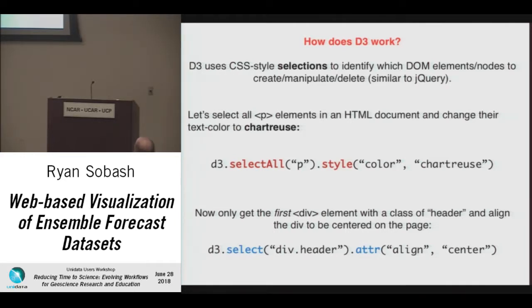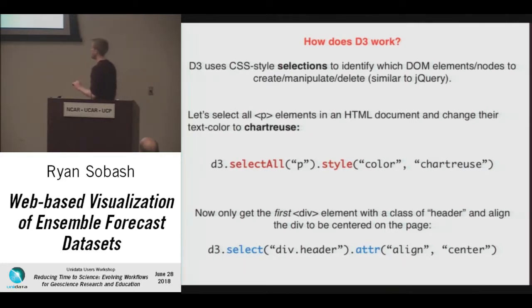Another example here using the selection is, let's say we only want to get the first div element. So this is another HTML element that's used to separate things on a web page. So select is just going to get the first. Select all will get all of the elements on the page. And so we're making use of also classes and IDs. You can put classes associated with a tag that sort of puts an identifier on different HTML elements.